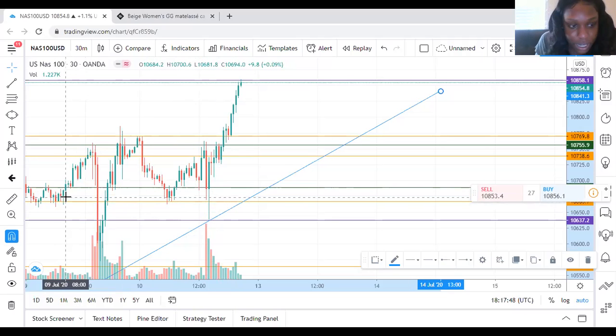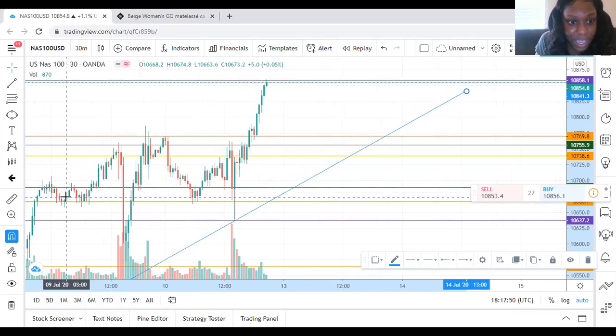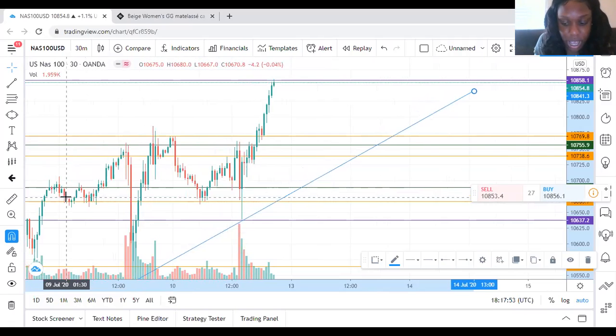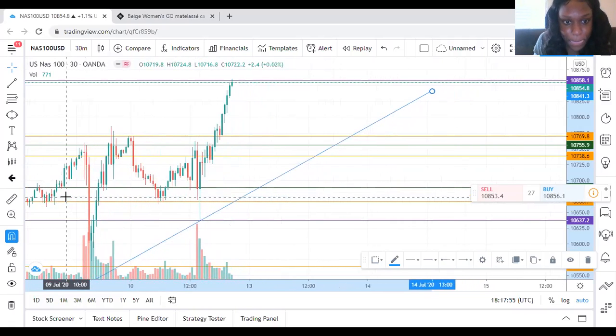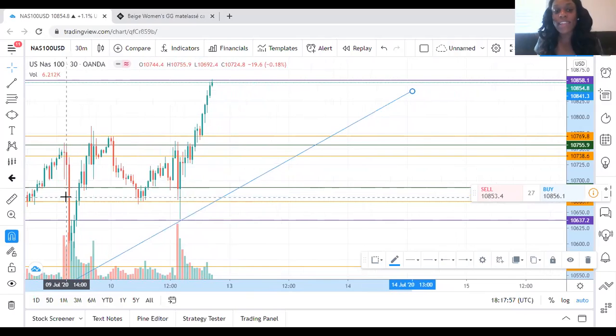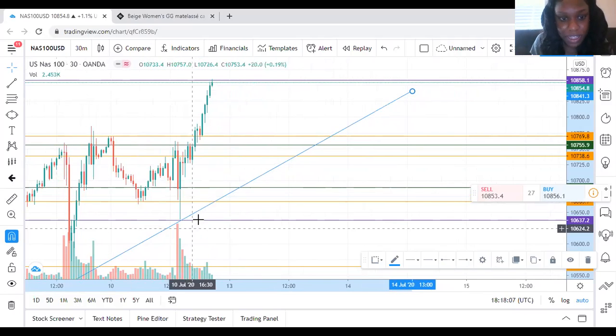Every time I hit here, candles always go boom. Candles always go crazy in this zone right here. So I would have identified it as a consolidation zone, or a zone where candlesticks just go crazy.